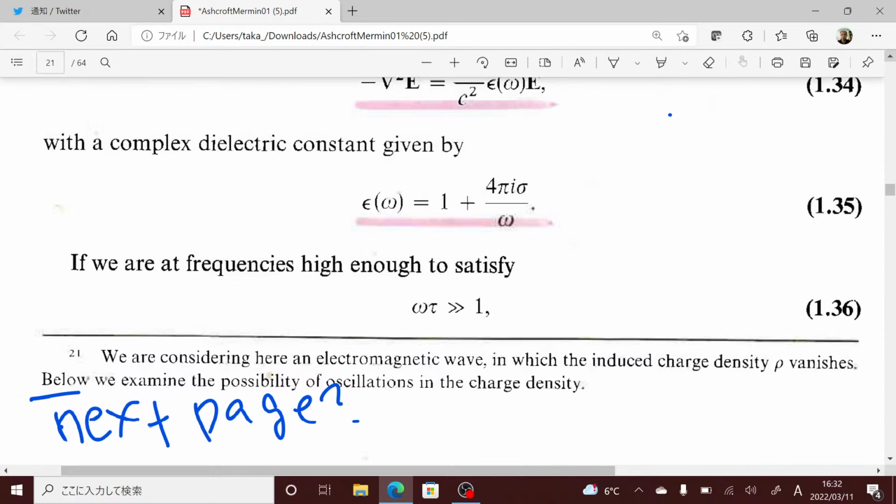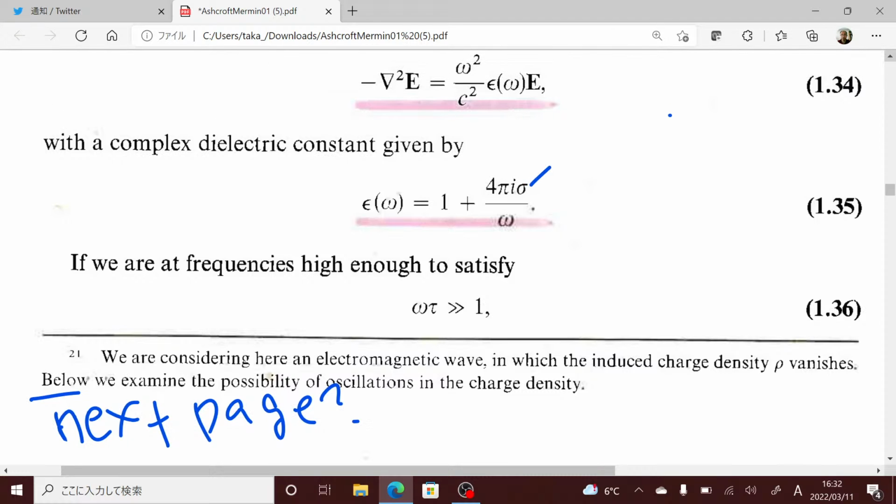I think sigma has to be n e squared tau divided by m. No, confusing.